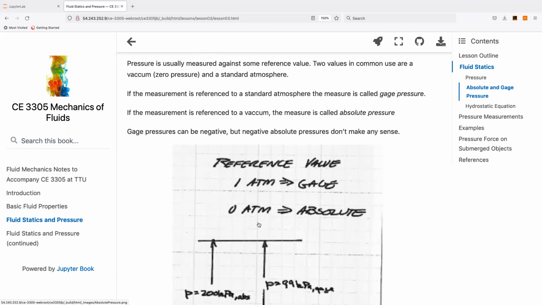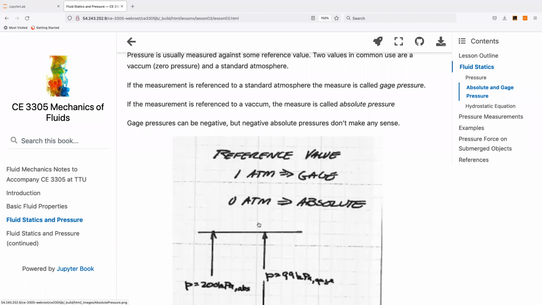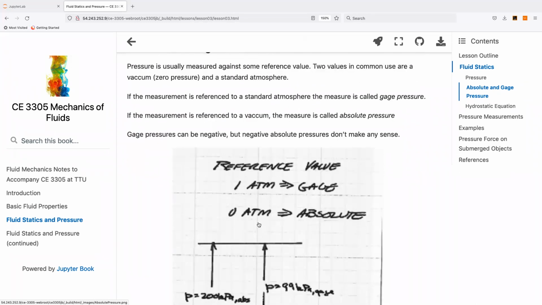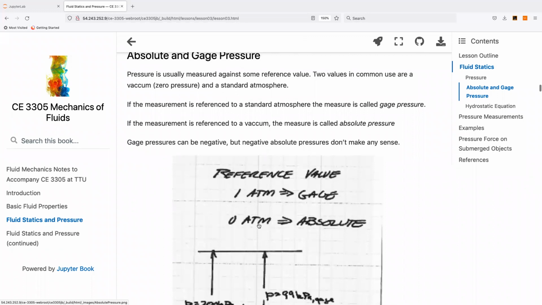It's not zero pressure. It's pretty darn close to zero pressure. If you don't put your helmet on, you're going to have a hard time breathing. But that's what's meant by a perfect vacuum. They do not exist, although I think you can get pretty close to them with turbo vacuum pumps.